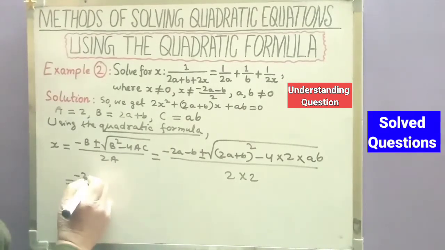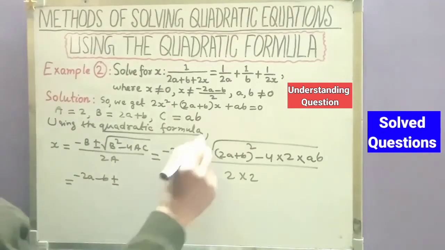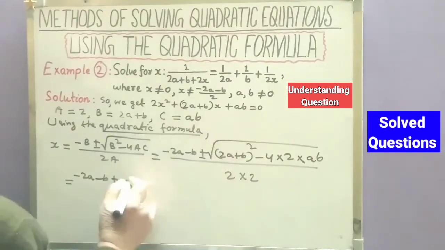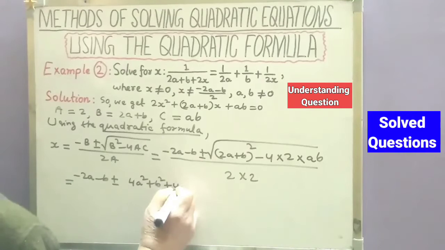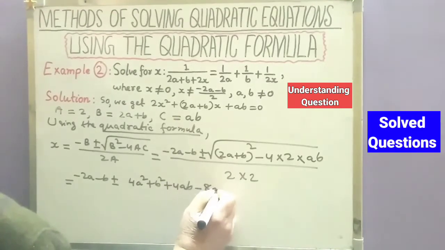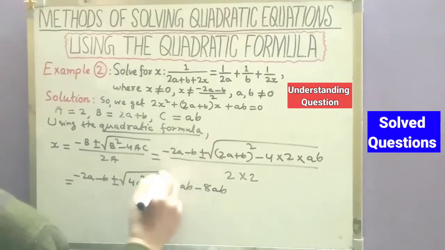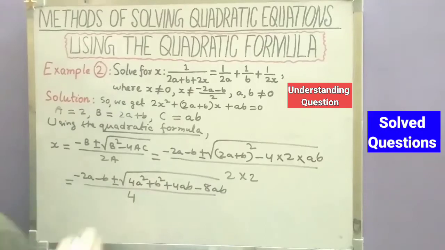On simplifying, we get (−2a − b ± √(4a² + b² + 4ab − 8ab))/4, just using the formula (a + b)².